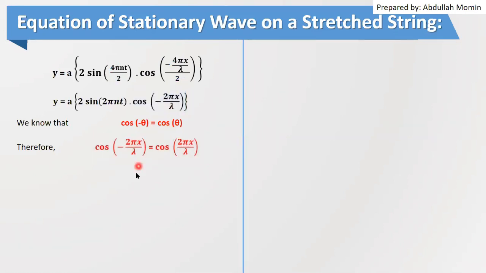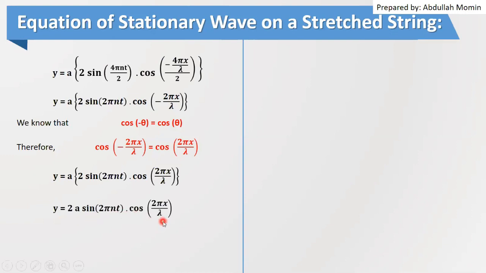So finally what we are getting in this equation is y is equal to a 2 sine 2 pi nt into cos 2 pi x upon lambda. Now rearranging the term, we are going to multiply a with the bracket, so y can be written as 2a sine 2 pi nt into cos 2 pi x upon lambda.